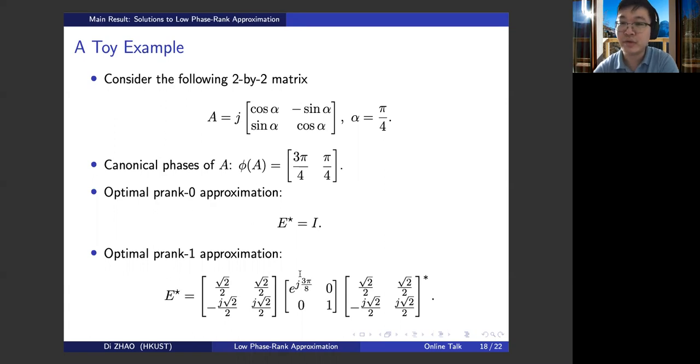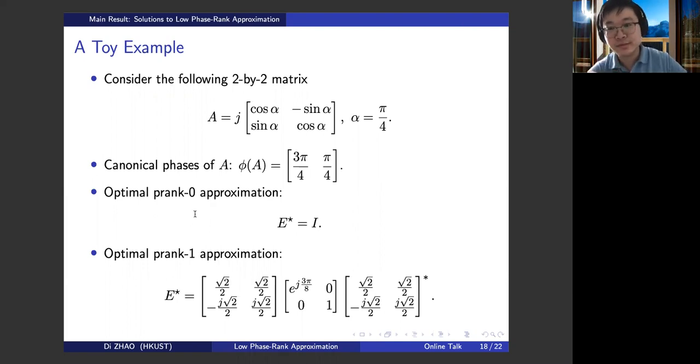As we have already mentioned, this is a half approximant, so it only contains half of the phase information of the matrix A. So this is how we do low phase rank approximation and what the solutions are.